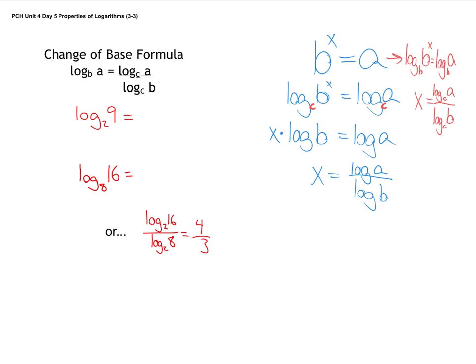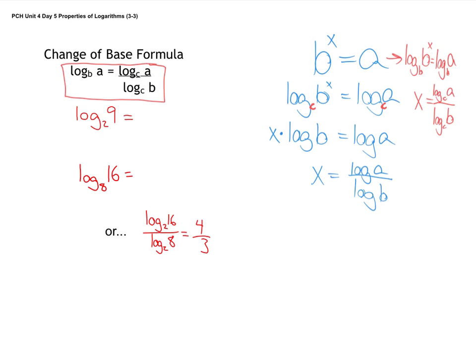The base goes on the bottom. So that's where we get this change of base formula. I always like deriving that because a lot of times people will solve the equation the same way that you guys did right here. When you're doing that, you're really just re-deriving our change of base formula over and over again. So you're doing the same kind of work lots of times.